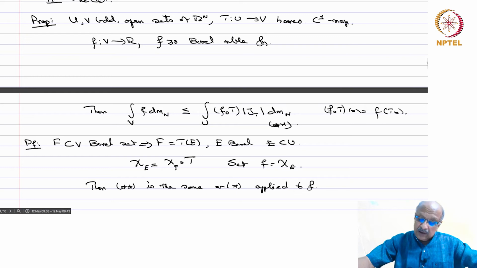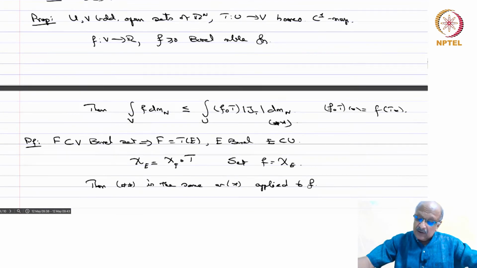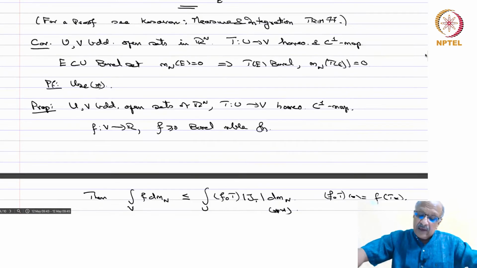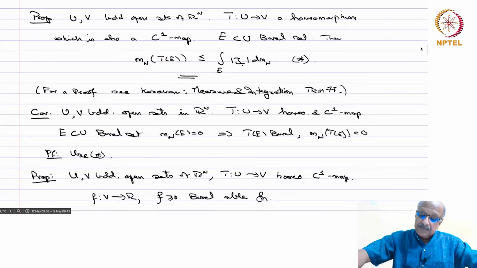Sorry, this is applied to chi of F. So then you have μn of F, which is μn of T of E, is less than or equal to the integral over E of mod Jt dμn, where F composed with T is chi of E. So double star is the same as star applied to chi of F.